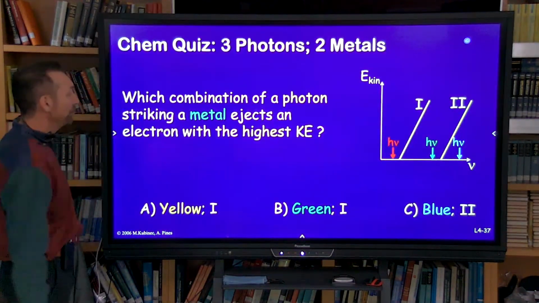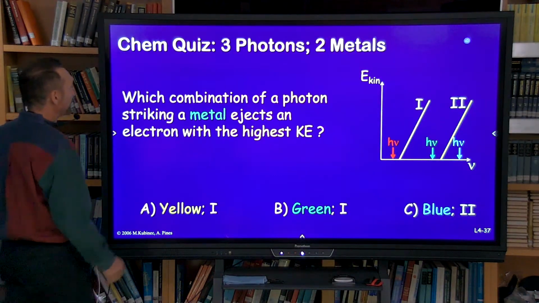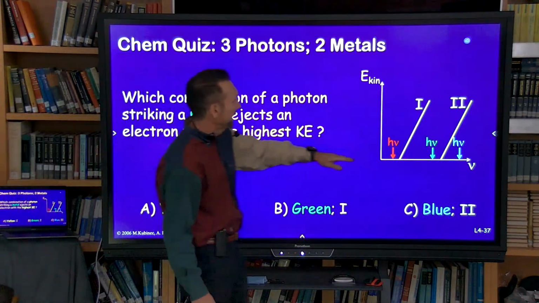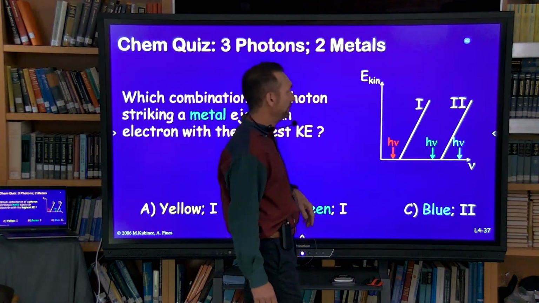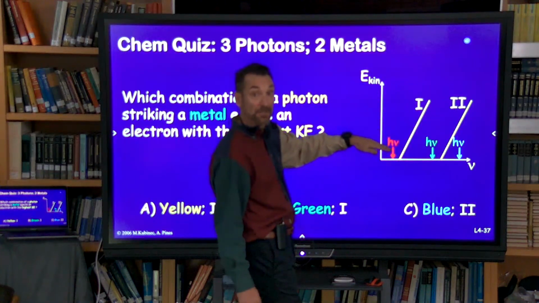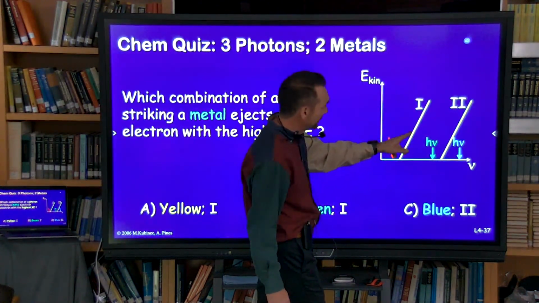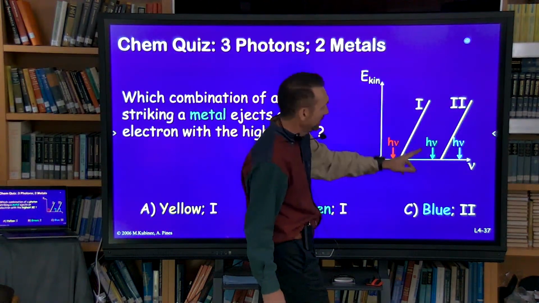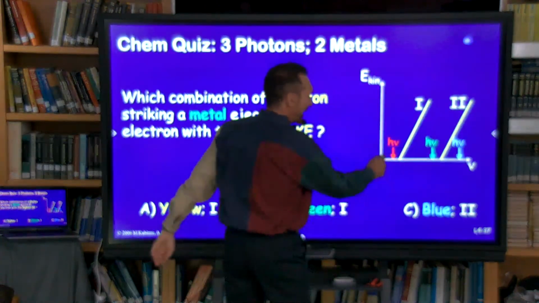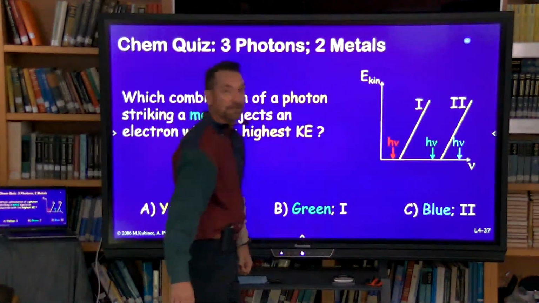This one you can do, let's do in our breakout rooms. So here we're plotting the kinetic energy of electrons coming off the metal. These are photoelectrons, we call them, electrons flying off the metal. Here are the energies that they have for metal number 1 and metal number 2, plotted against the energy of the photons coming in.